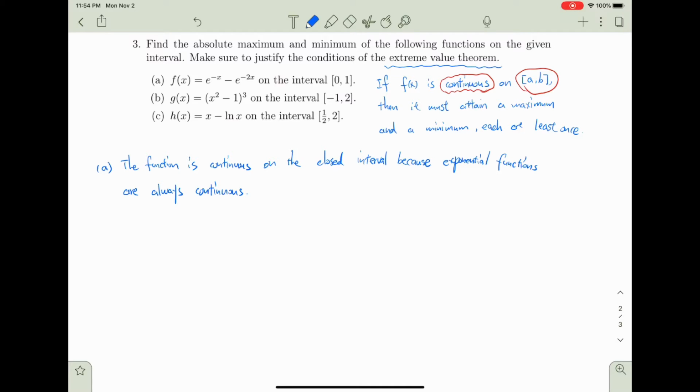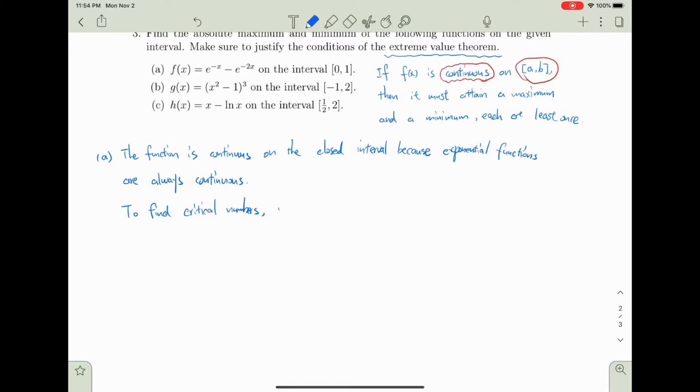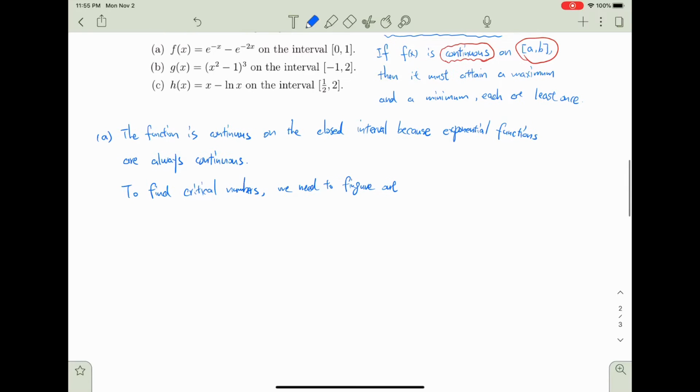So to find critical numbers, we need to figure out where the derivative f prime of x is 0 or undefined.